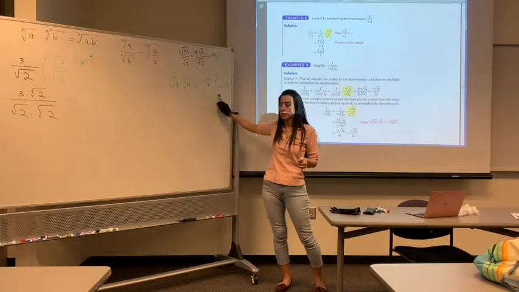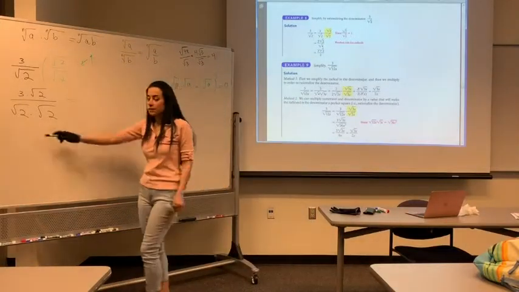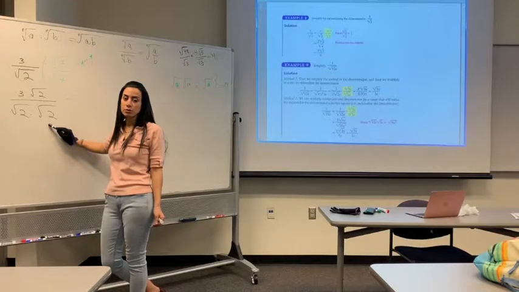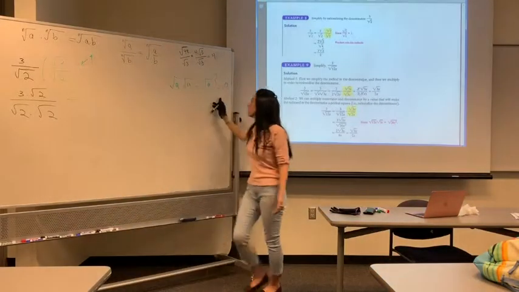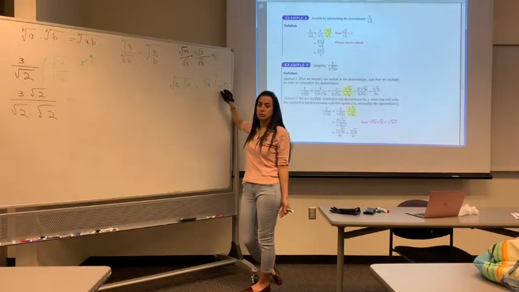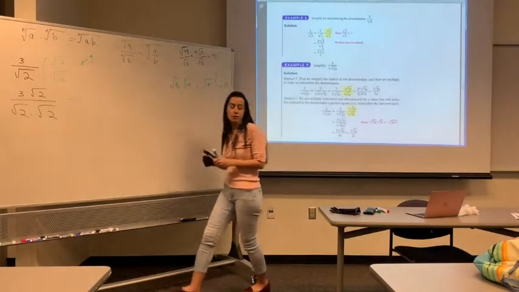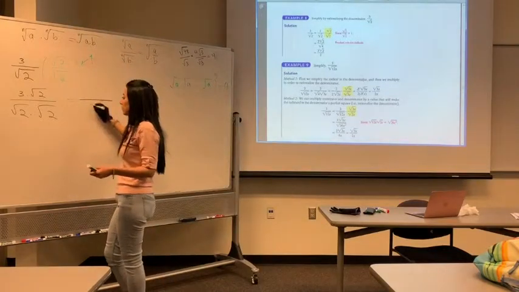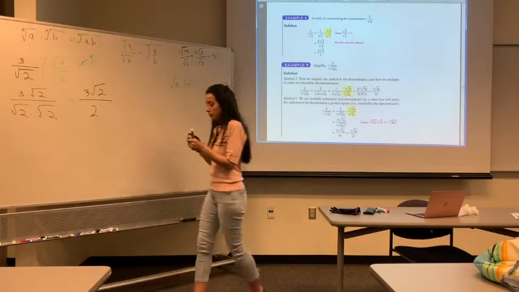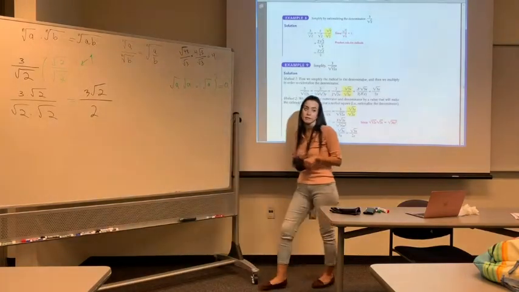Using this, radical 2 multiplied by radical 2 is 2, correct? So in the denominator we have 2, and in the numerator we have 3 multiplied by radical 2.